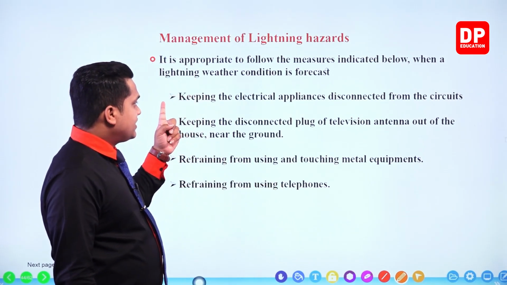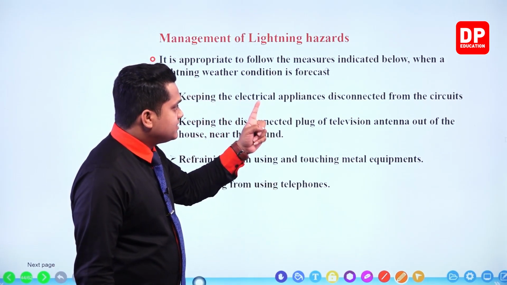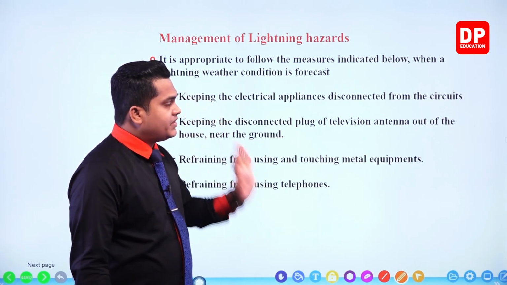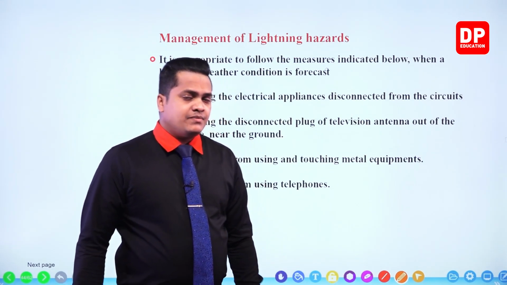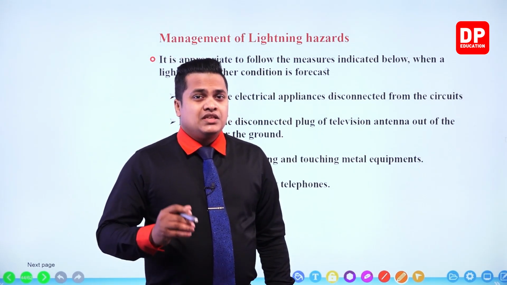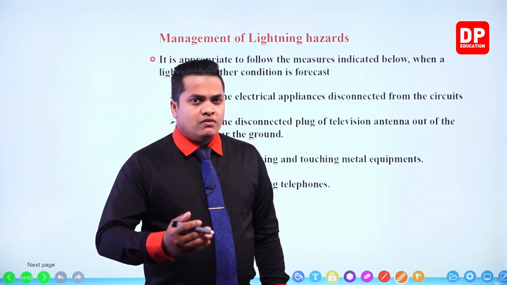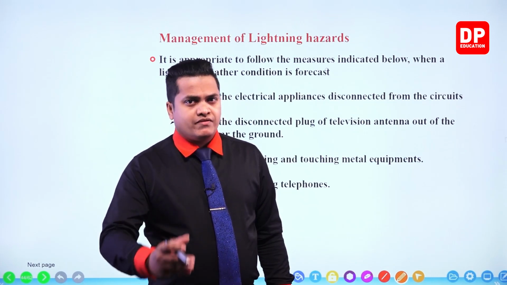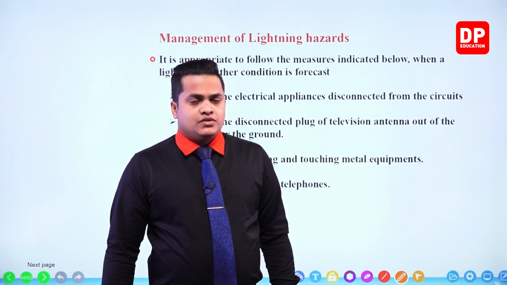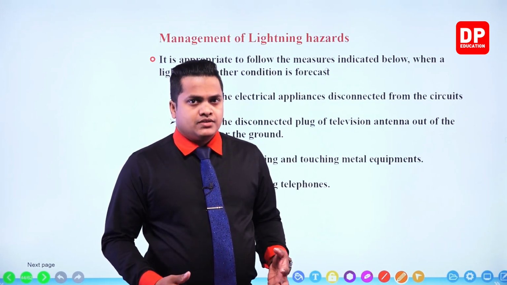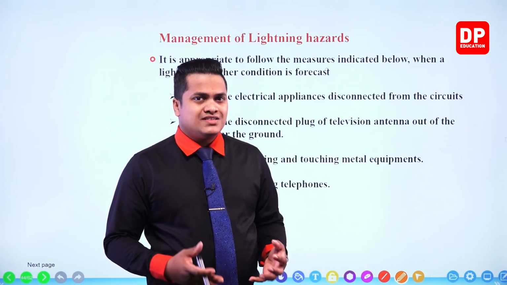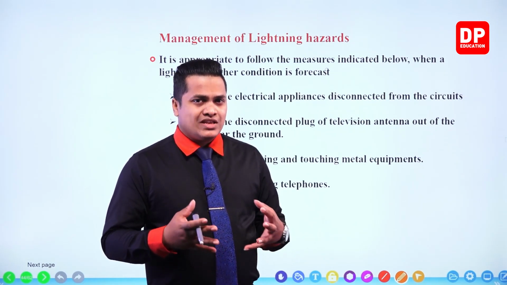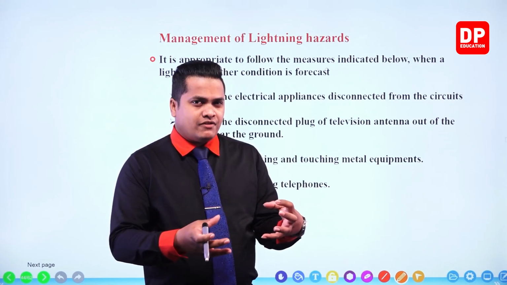Number one given, keeping the electrical appliances disconnected from the circuits. Like I said, my dear children, these electrical charges are always finding some kind of conductor to travel. So if there are conductors, then lightning strokes will travel quite fast and easier.